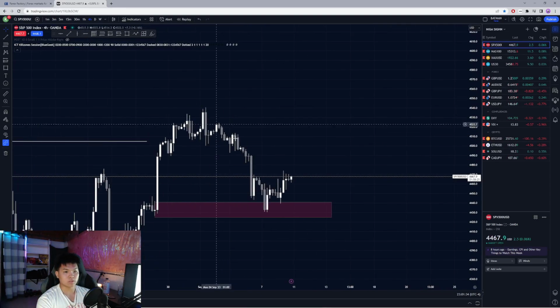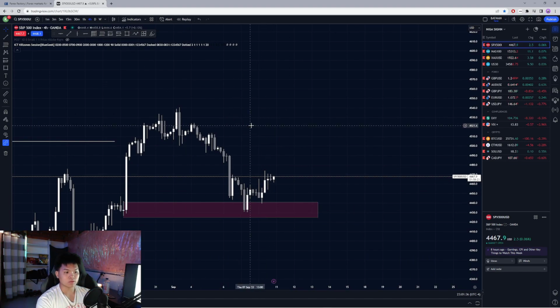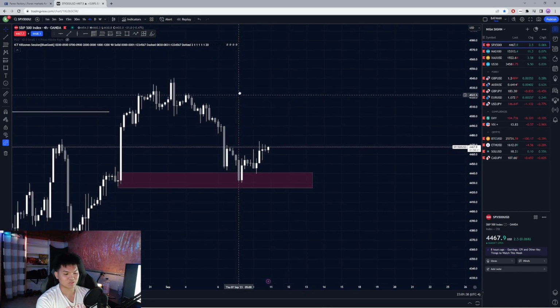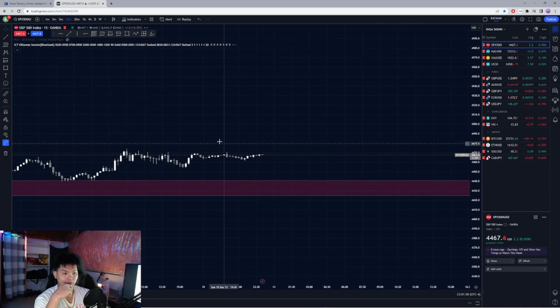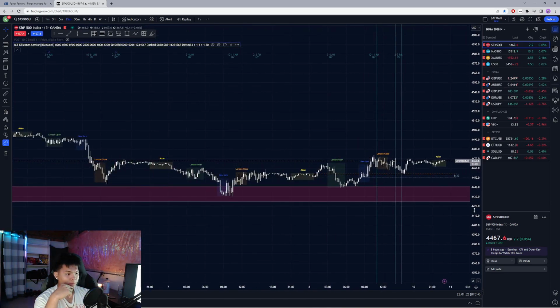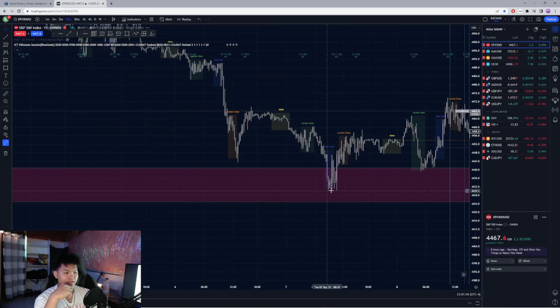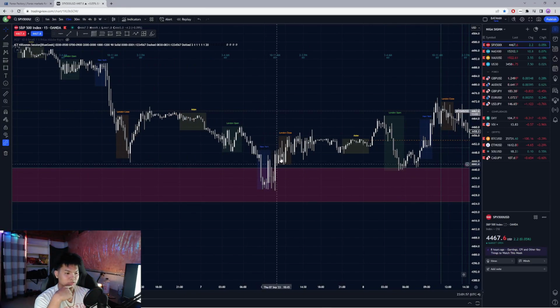So I would say, since this was Thursday, September 7th, so 9 probably, we can check this out. We can go to 15 minutes. So we can see right here, it tapped to this demand zone and it just pushed up.